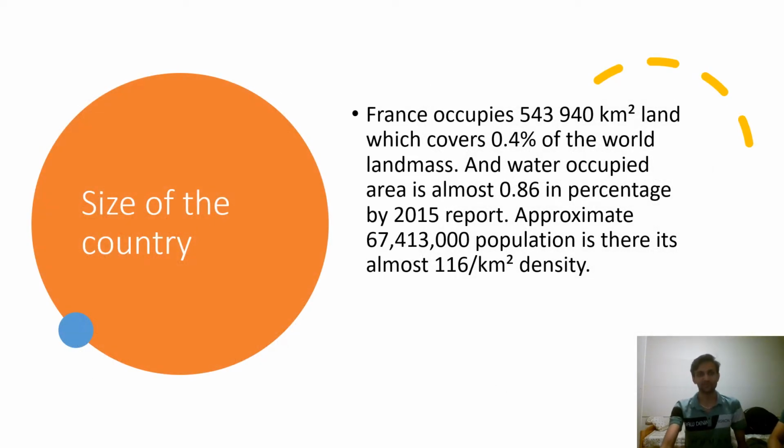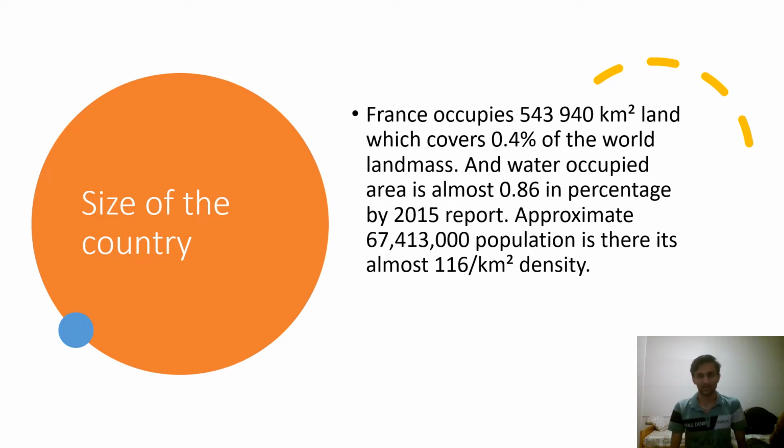If I talk about the size of the country, it occupies 543,940 square kilometers of land, which covers 0.4 percent of the land mass of the whole world. In waterways, it occupies almost 0.86 percent, by the report of 2015.